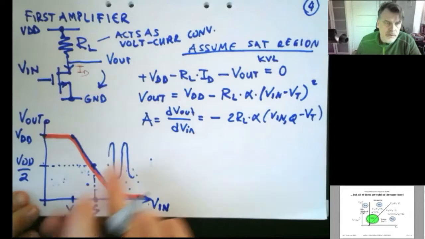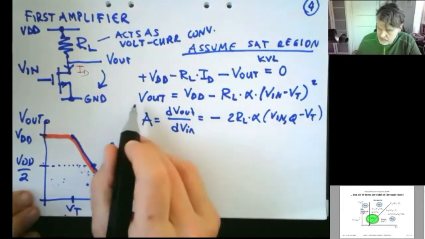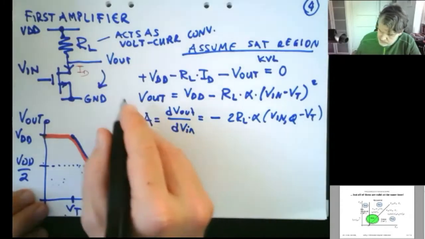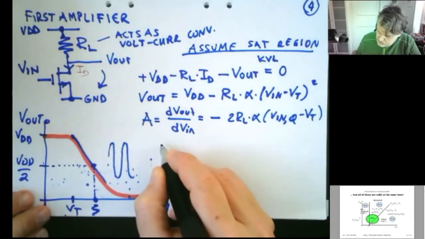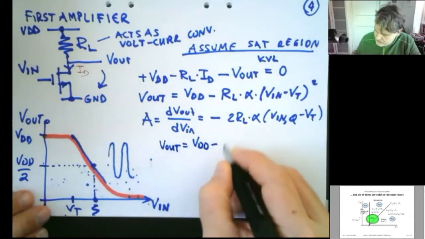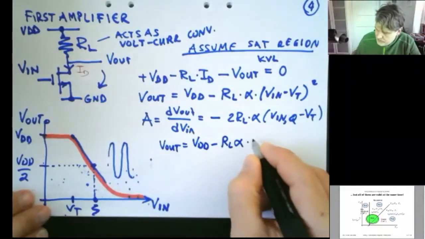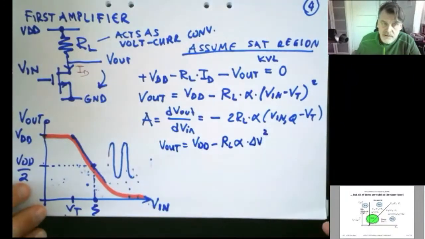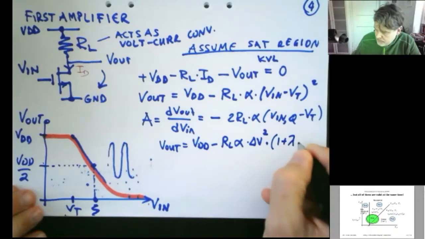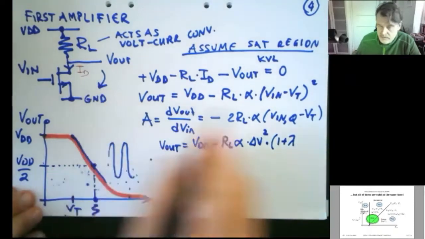But assume now we start adding non-linearities, or these second order effects that we discussed. So let's assume now that V out instead is equal to VDD minus RL alpha, and now I use the delta V because I'm a lazy engineer. And then here we introduce 1 plus lambda VDS, which is V out.